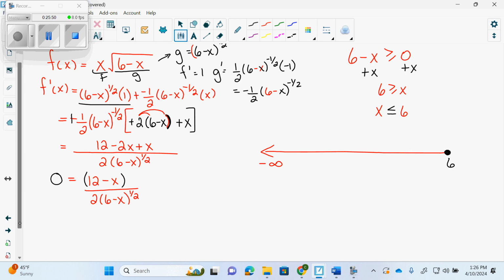If it's like f and g, like product rule, you know the g right there? Negative 1? I did it. I have a negative 1 behind it. The derivative of 6 minus x is negative 1.